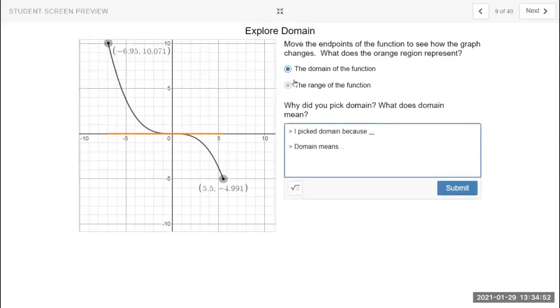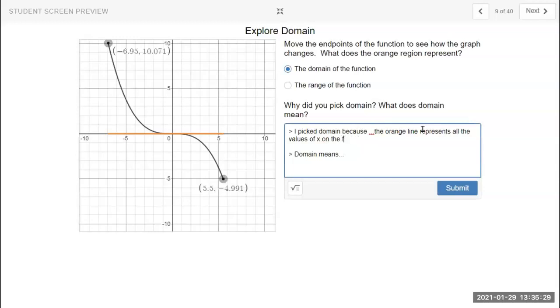So if it's covering all the values of X, that would be my domain. And so when I choose domain, it then wants me to answer the questions, why did I pick domain and what does domain mean? So I'm going to answer, I picked domain because the orange line represents, you could say, how far left and right the graph goes. That would be fine. I'm going to say all the values of X on the graph.